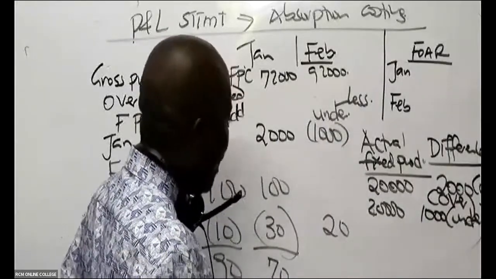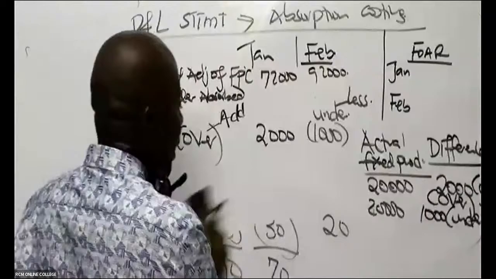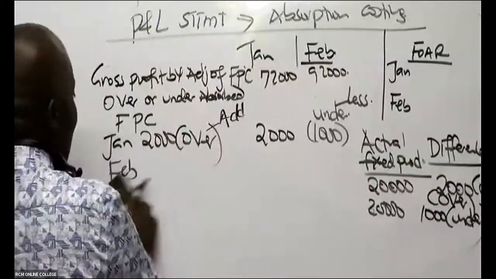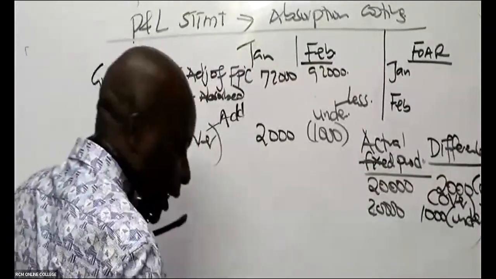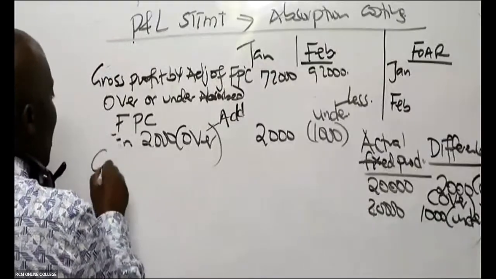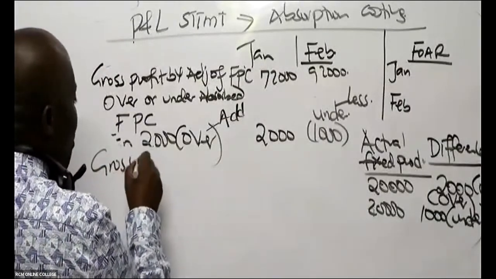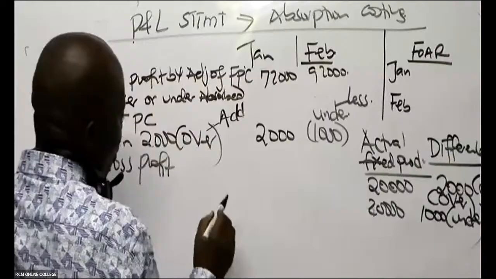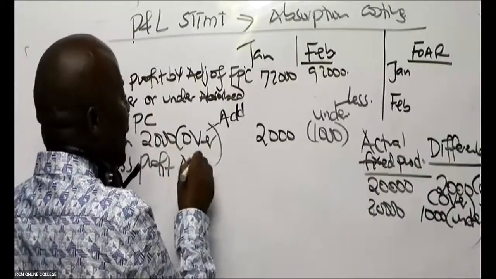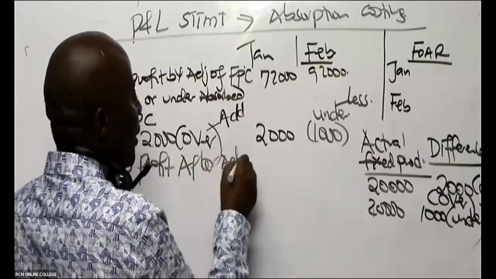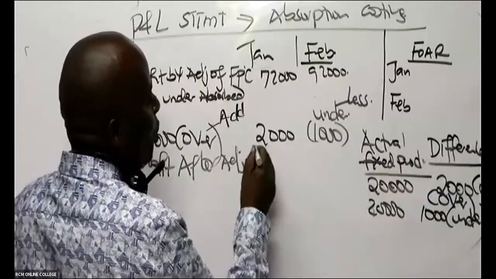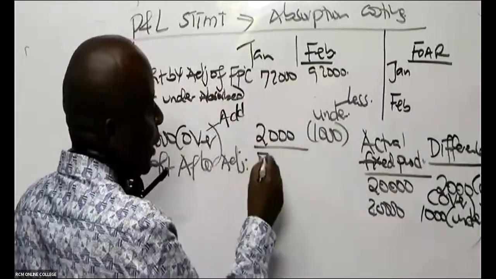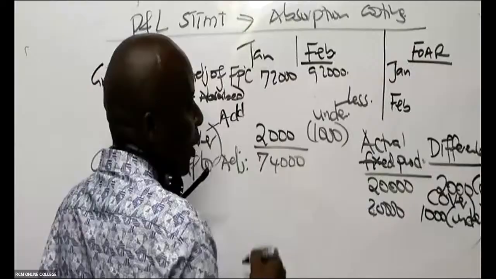So then at the end of the day, what figures are we getting here as our proper gross profit now? This is after the adjustments now as our proper gross profit. Gross profit. You can either just write it as gross profit or you say gross profit after adjustments. After adjustments, this will be 74,000. All right.